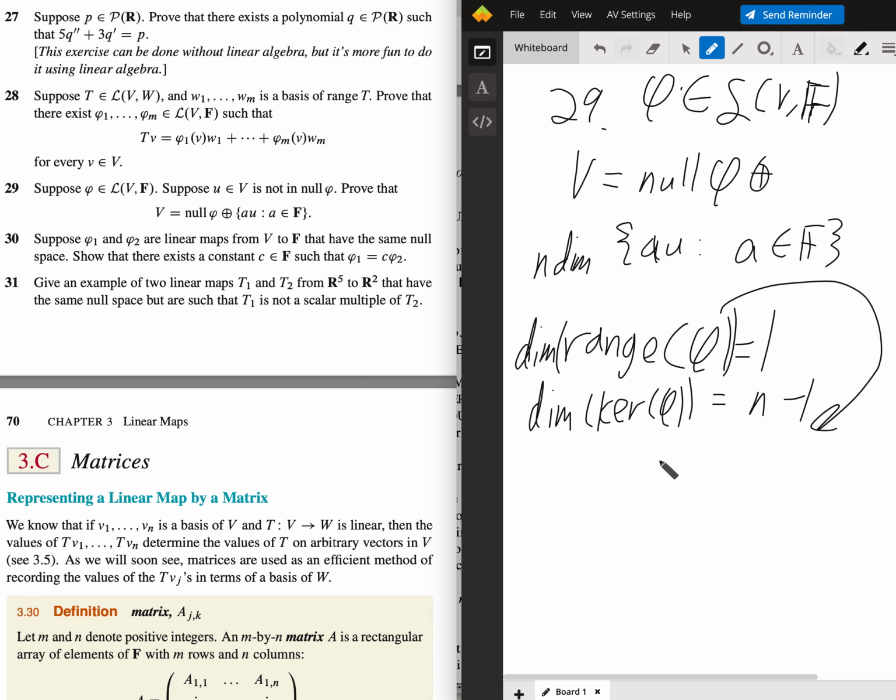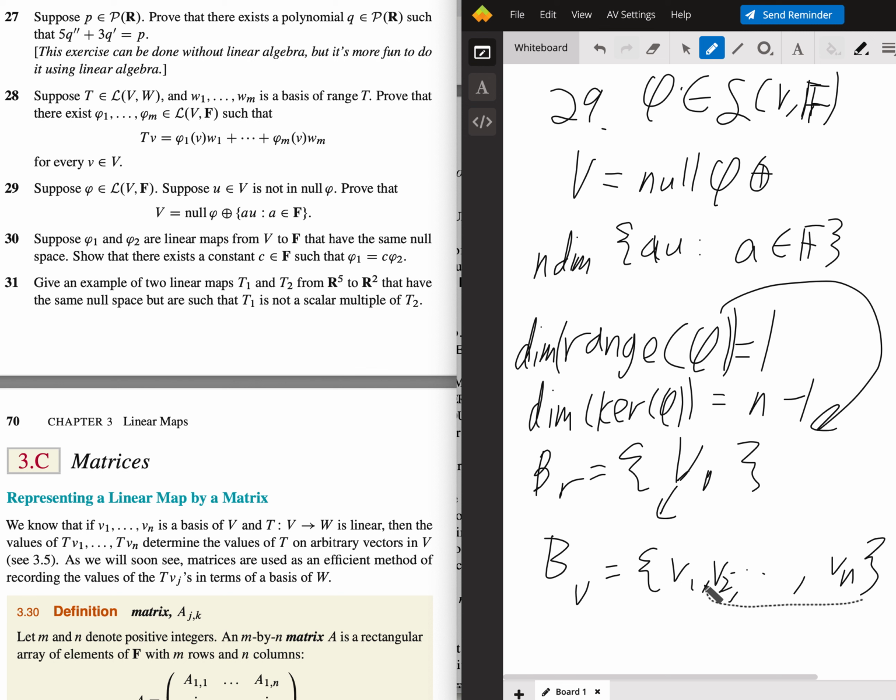All elements span the range and are linearly independent. So the basis of the range, let's say, is just one element because it's dimension 1. It's just v1. And you extend it to a full basis of the entirety of vector space V.